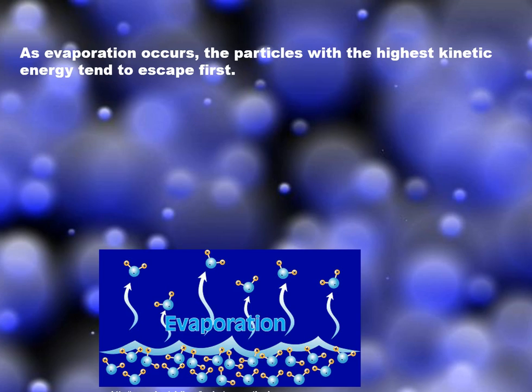As the evaporation occurs, the particles with the highest kinetic energy tend to escape first. So if we look at this diagram that we have here, these particles here, these are the particles that have left the surface of the water. These are the particles that have the higher kinetic energy than those that remain in the liquid.